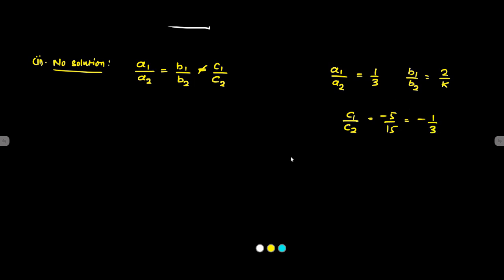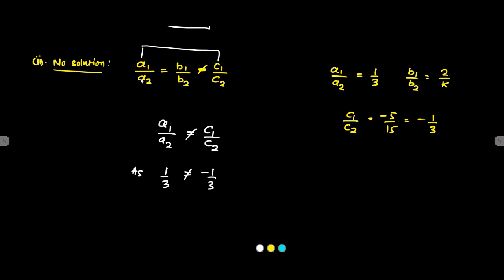From here we can clearly see that one of the conditions is satisfied: a1 by a2 is not equal to c1 by c2, as 1 by 3 is not equal to minus 1 by 3.